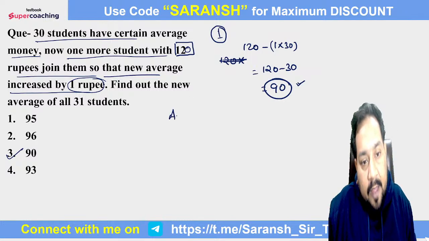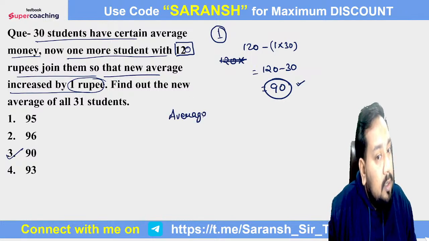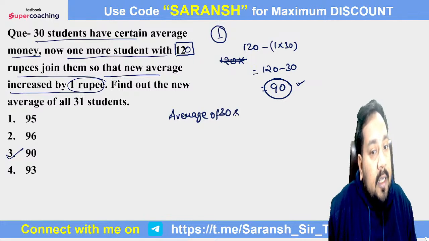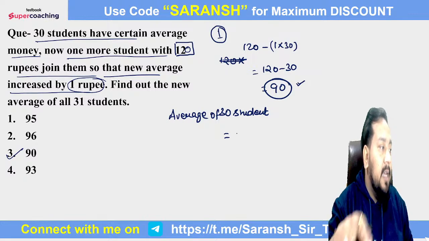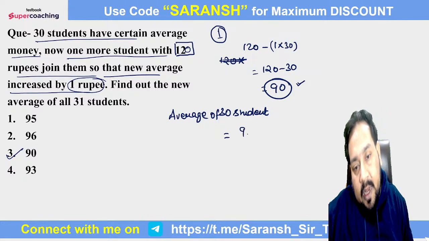Now the average of the 30 students is 1 rupee less, 90 minus 1, that is 89.